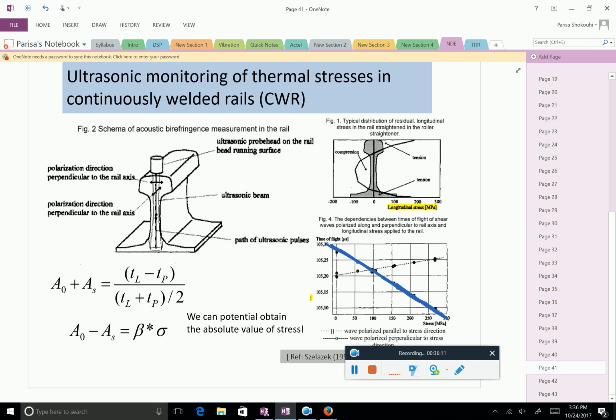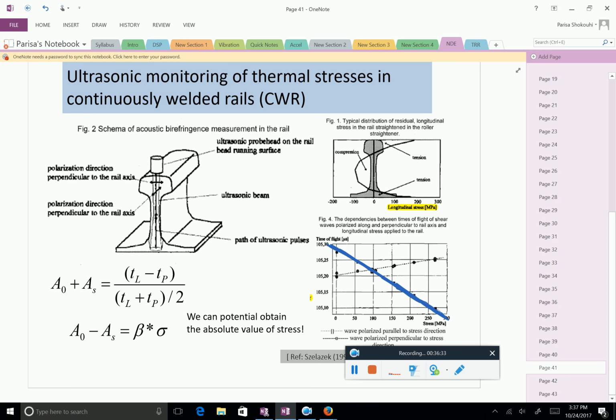But the way they look at it is to have these two polarizations. This is very smart because one polarization is very sensitive to the stress in this direction, and the other polarization is not sensitive to this stress.